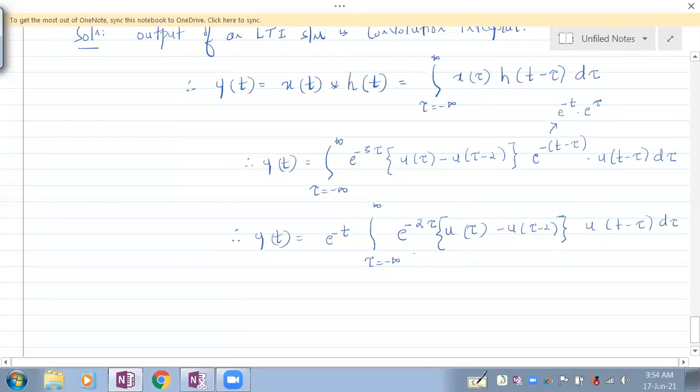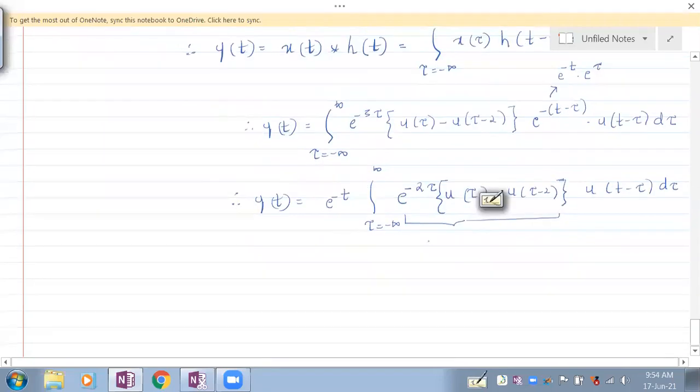So this completely is what? This is again the decaying exponential, for tau ranging from, can anybody tell me now? For tau ranging from 0 to 2 is this.